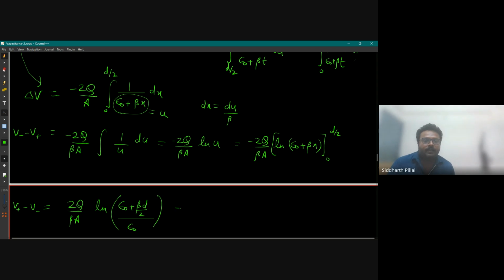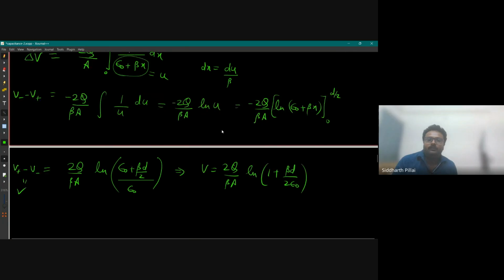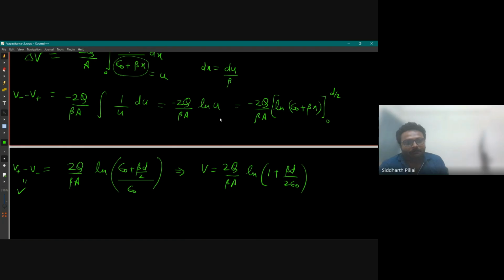Finally, let's say this is equal to V. So V is equal to 2q by beta A into ln (1 plus beta d by 2 epsilon naught). We got the total potential difference between the positive and the negative plate.